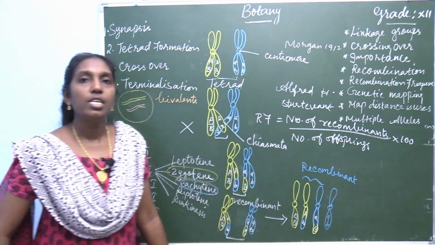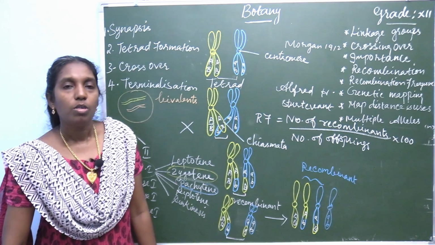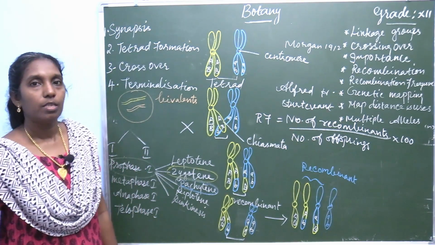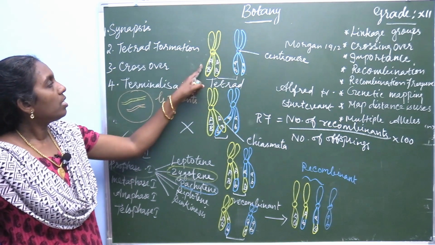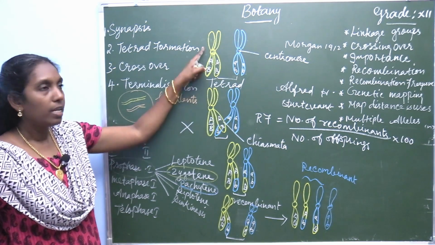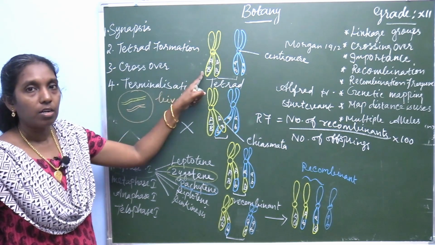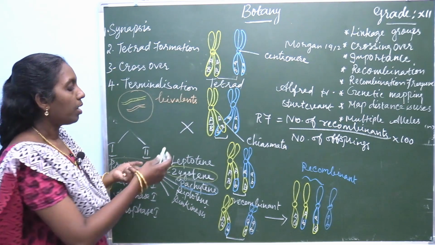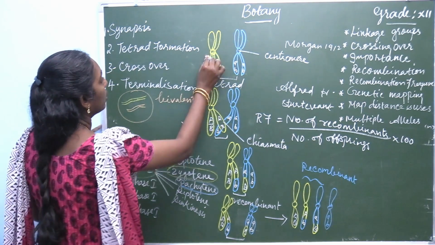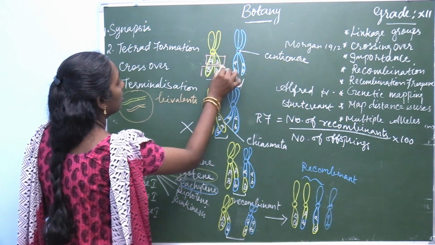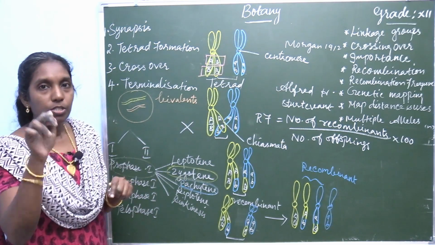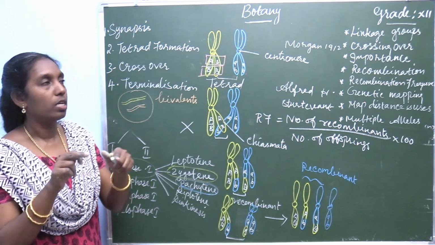Then, genetic mapping. What is meant by genetic mapping? You know very well, the genes are located within the chromosome in linear order, and each gene has a specific locus. This is one locus, this is another locus, or position, which is named as loci.